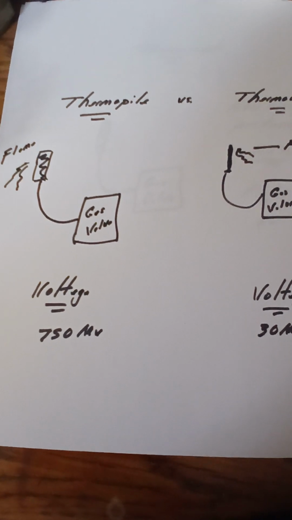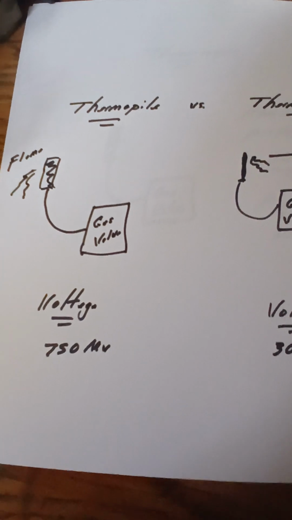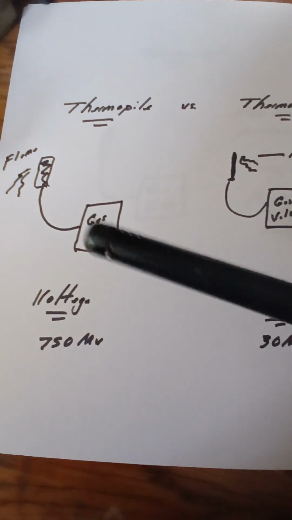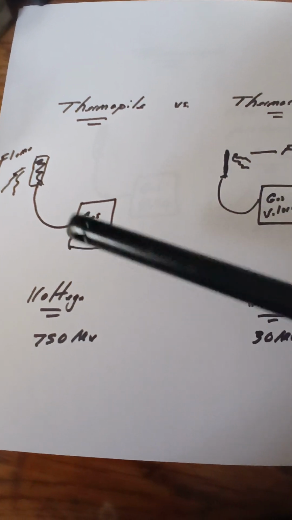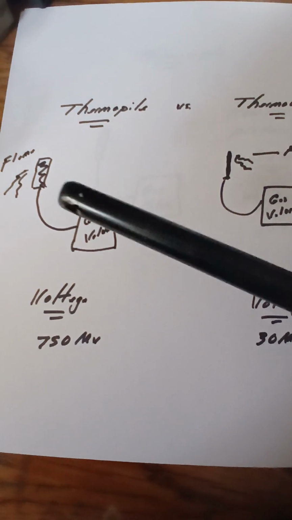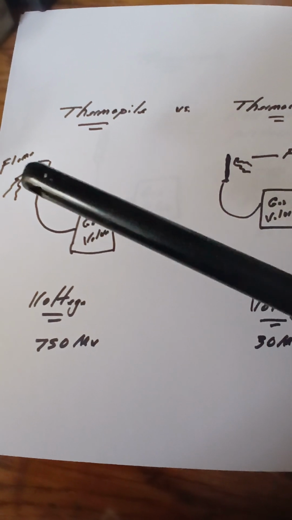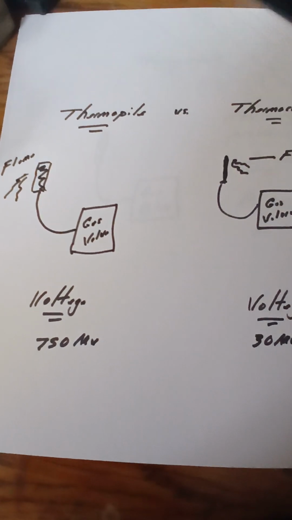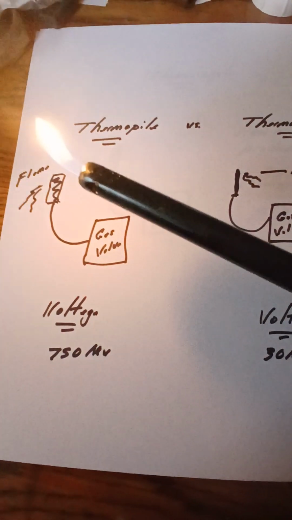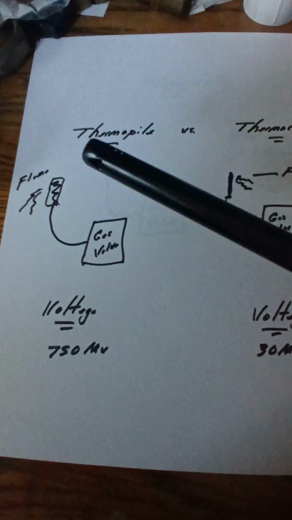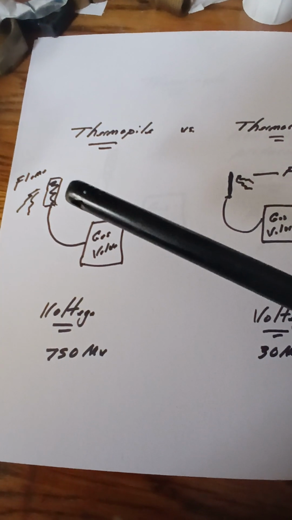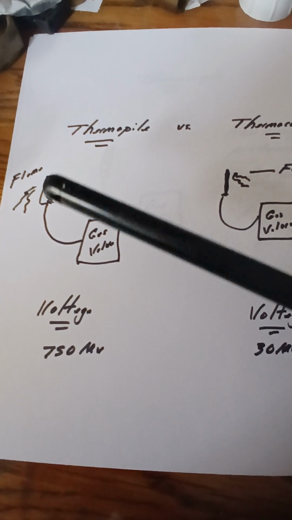When we have a thermopile here, we have a thing that goes out. Just assume this gas valve sitting on a hot water heater here, for instance. This thermopile goes out. It has a little rod that goes in here. There's a flame, and it's nothing more than literally a flame when you light the pilot. Once the pilot's lit, it heats this.